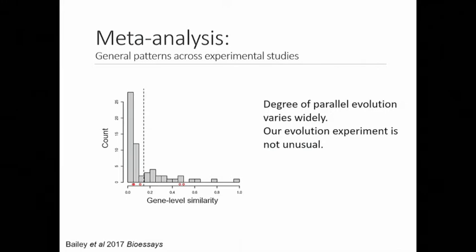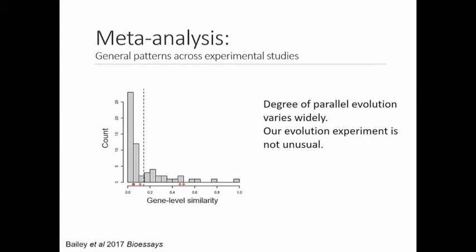This is a graph showing you the range of different repeatabilities that we saw across those studies. This is our gene level similarity, that Jaccard similarity index at the gene level. It can range from 0, where there's no overlap at all, to 1, where you have complete overlap between two replicate populations in terms of the genes that arose over the course of adaptation.